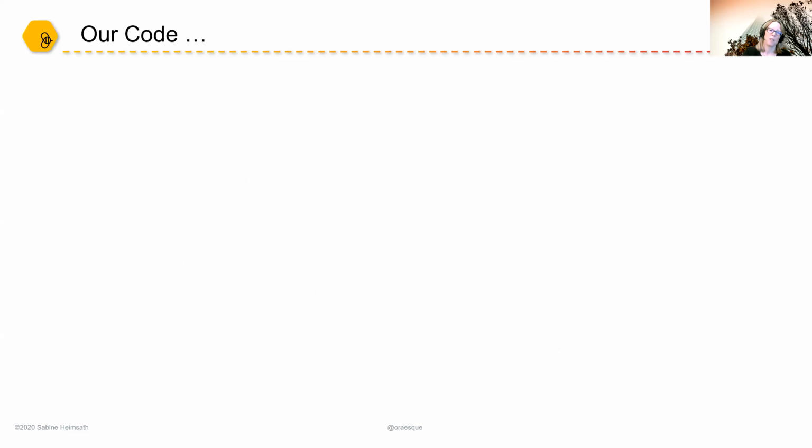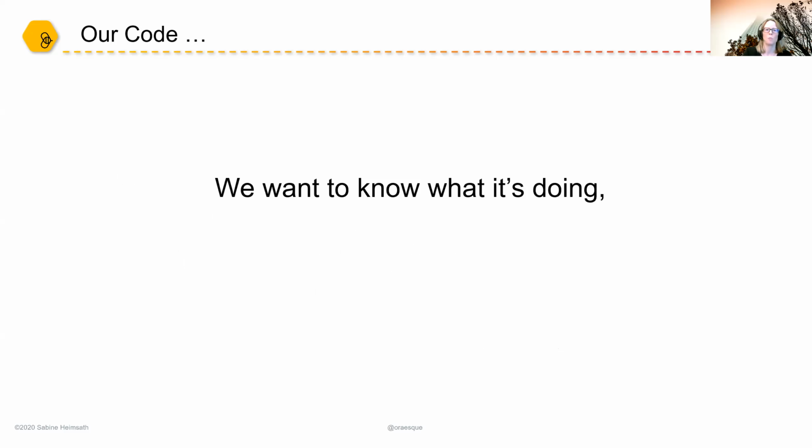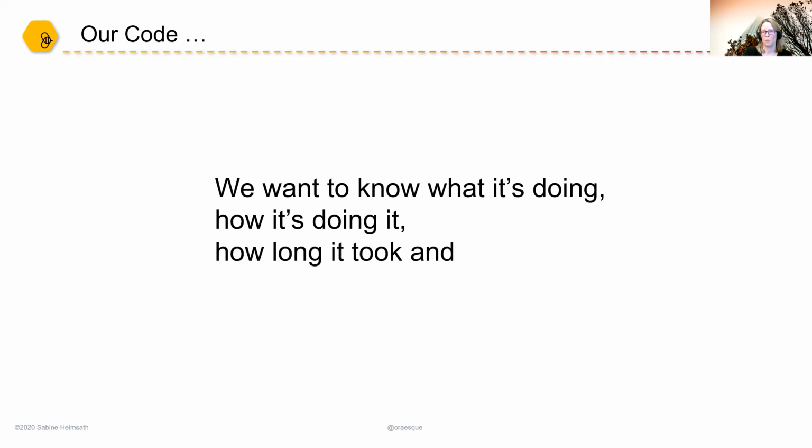So there is our code, and we want to know what it is doing, how it's doing it, how long it took, and how much it costs in terms of resources.